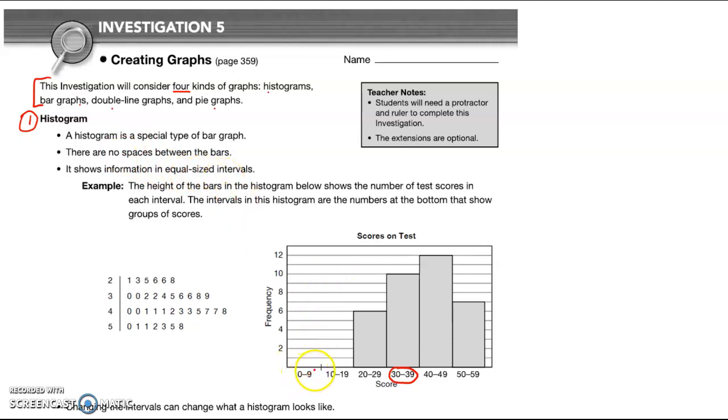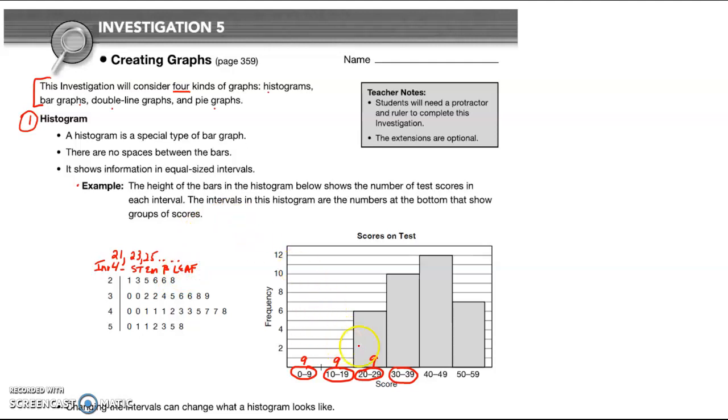So for each of these intervals, 0 to 9, 10 to 19, there's 9 units for each of these intervals. In this example, the scores are in a stem and leaf, so we know that the scores are 21, 23, 25, etc. If you've done your investigation for stem and leaf, this is going to make a lot more sense.